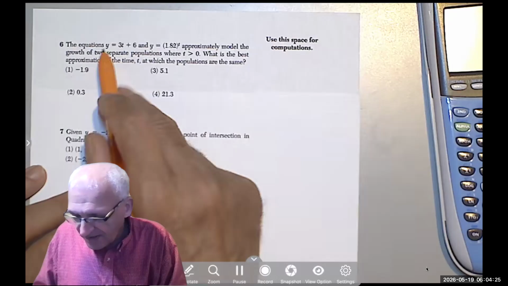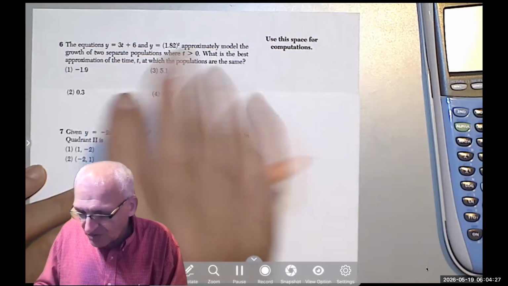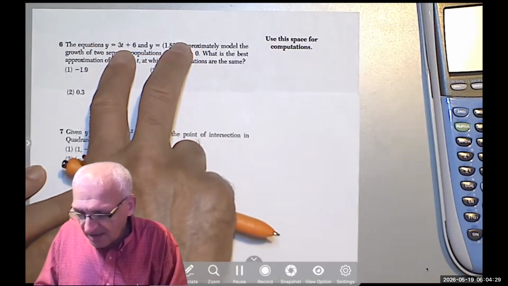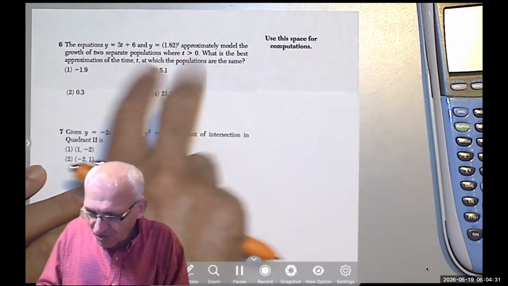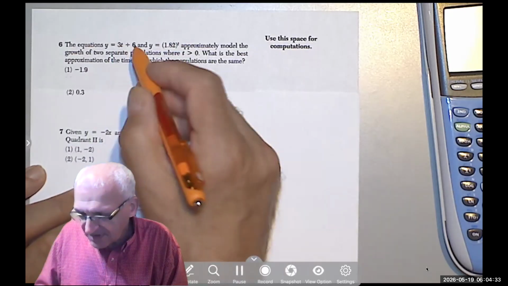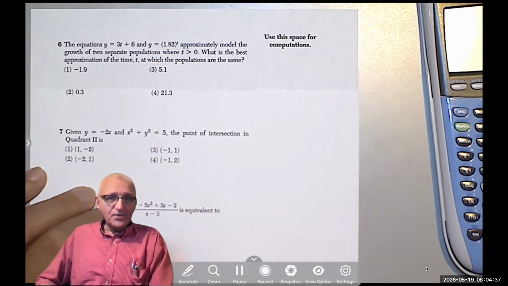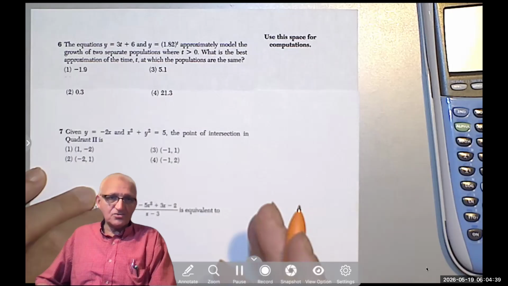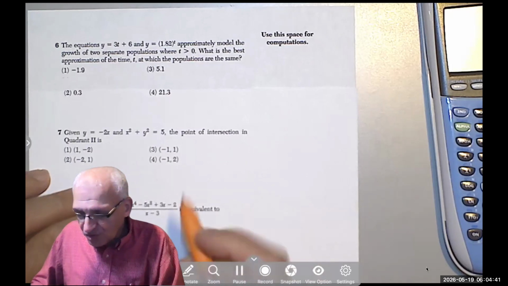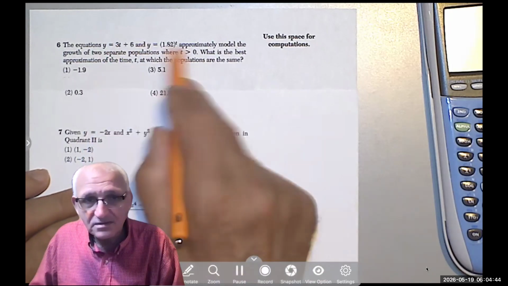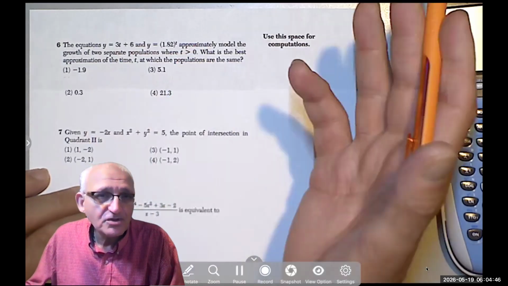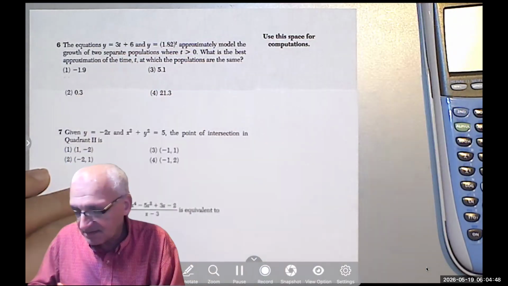I can say these 2 equal each other, and subtract 1.82 to the power of t, so I get 3t plus 6 minus 1.82 to the power of t, plot the graph and find the 0. Another way is to do 2 different graphs and look at the point of intersection. It's the same exact thing.